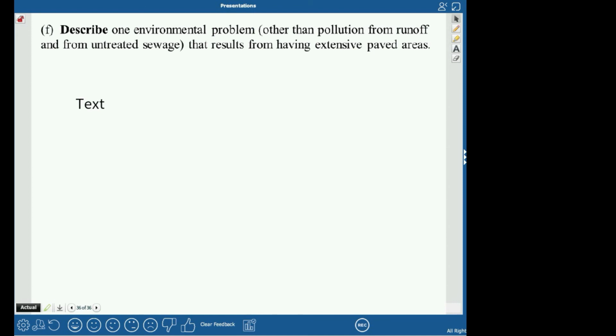Okay, that's cool. If you've got too many paved areas, what are some problems you can have? It says other than pollution from runoff. They actually say that flooding from runoff is okay. It kind of seems like still runoff, but they actually allow that one.